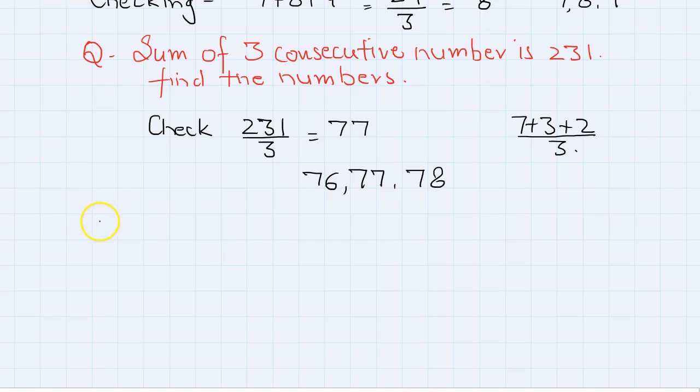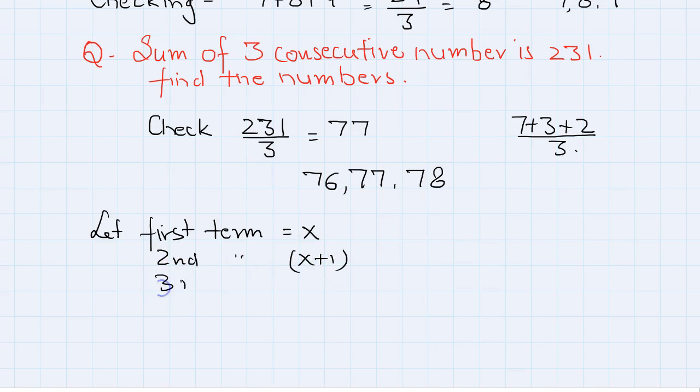Now let's say the first number, or first term, is equal to x, the second term will be x plus 1, and the third term will be x plus 2. Their sum is 231.